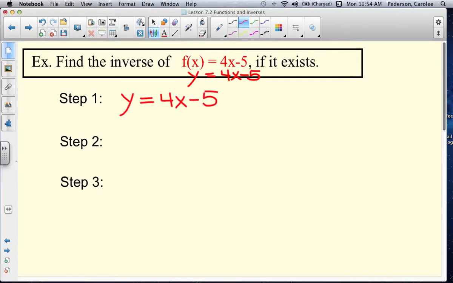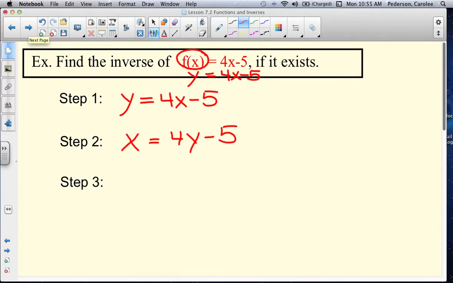That's replacing the function with the letter y. Step 2 is to interchange each x and y. So now this becomes an x, and that becomes a y. So there's step 2. Step 3 is the longest step, where we want to solve this equation for y.